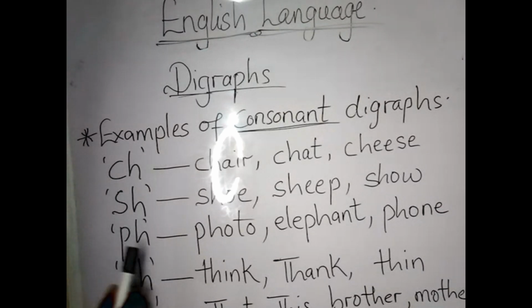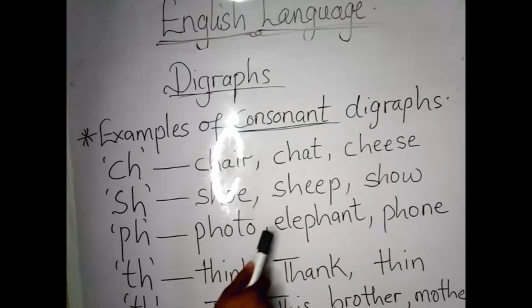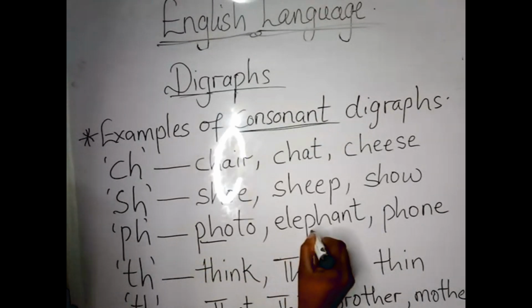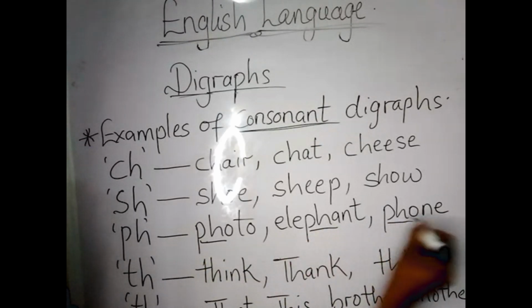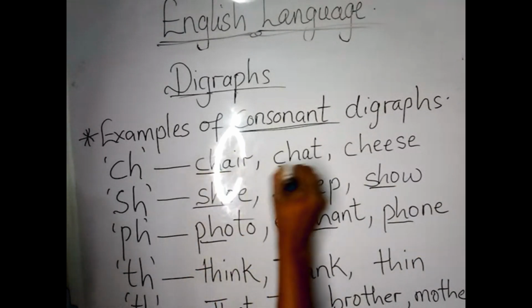And the new sound they form is F. P and H combine to form a sound that is exactly like that of letter F. So you have photo, elephant, phone. Let's try and underline the digraphs in these words. Okay? So these are the digraphs.